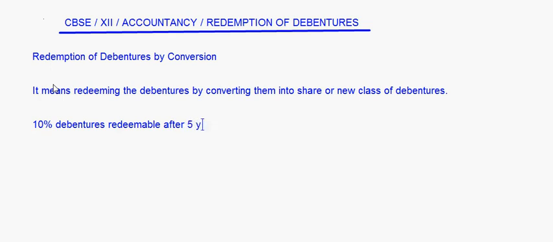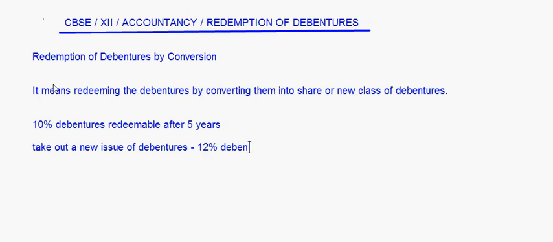Now here there is an option to convert the debentures in case there is an offer in between. So supposing the company gives an offer to these debenture holders, and the company takes out a new issue of debentures, let's say 12% debentures.